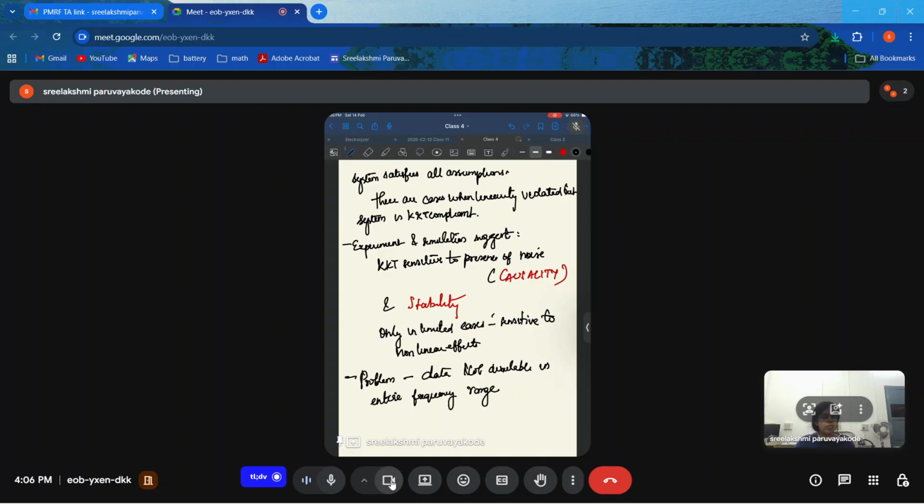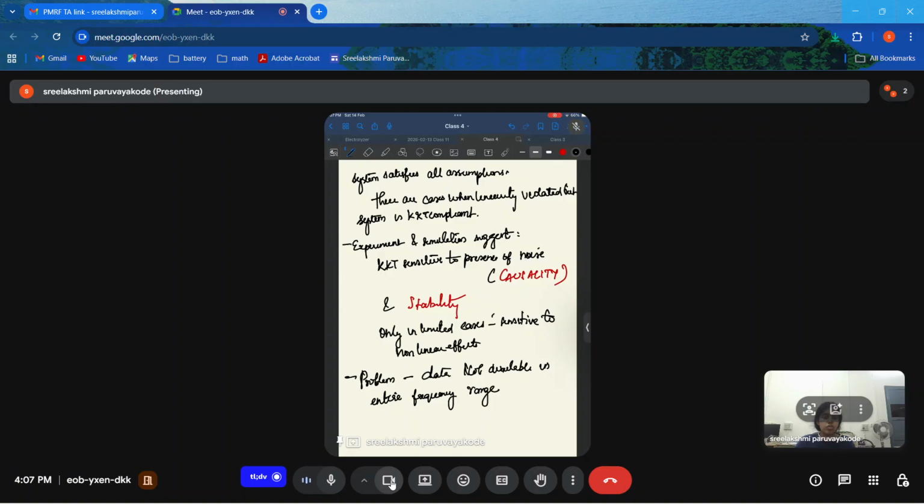We can extrapolate it, but it has its own difficulties. So it's always better to get the data in the entire range. If you have truncated data and you use it, it can give you a non-compliant result. So that is another problem.